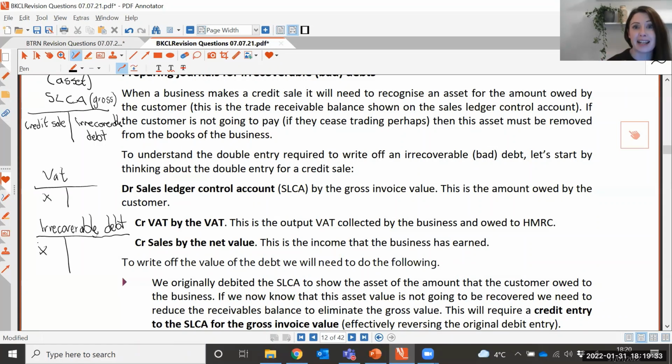Remember, if we use our dead and click, irrecoverable debt is an expense account. That expense is increasing, so it would be a debit. So our 2 debit entries would equal our 1 credit. So just remember, in the expense account, within the irrecoverable debts, it would be the net value.